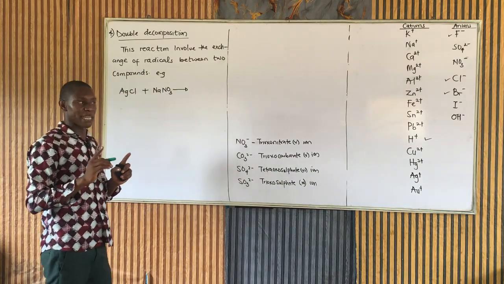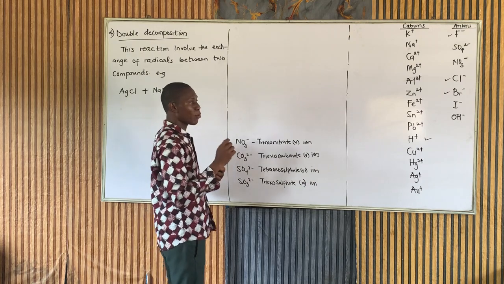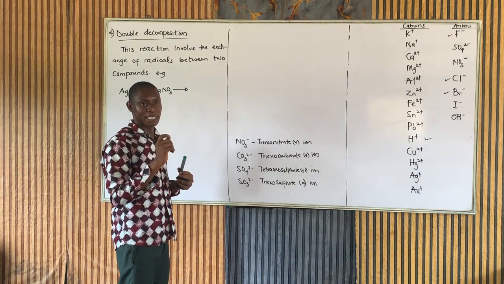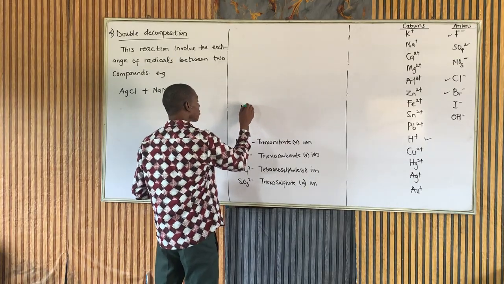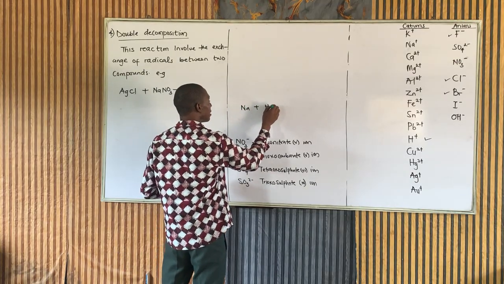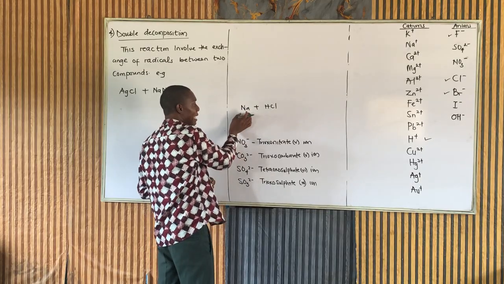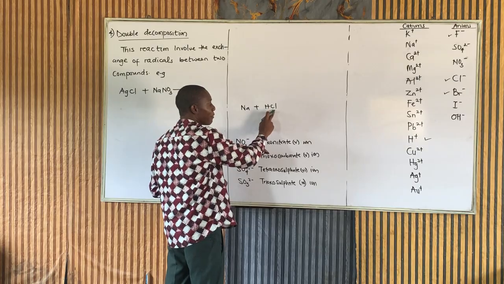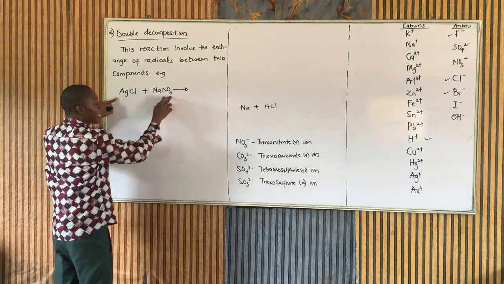This is not the same as the displacement reaction, because in displacement reaction, one of the substances is coming to displace because it doesn't have its own radical. For instance, now look at this. Let's say I have sodium plus HCl. This sodium is not combined with another radical, it's just isolated alone. So it's coming to take the chlorine radical from hydrogen. That's different from this because silver has its own, sodium has its own.